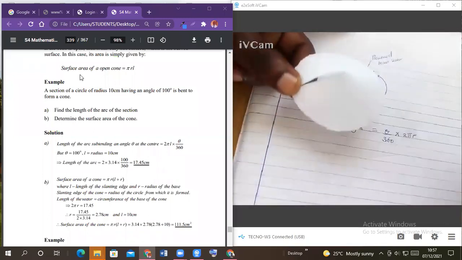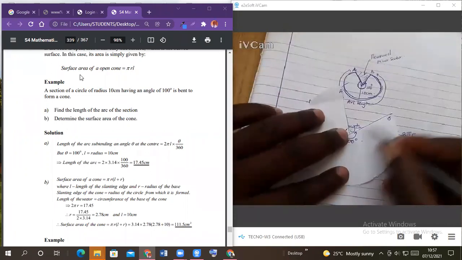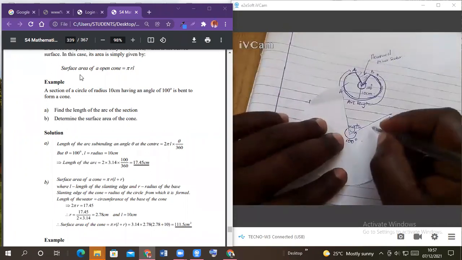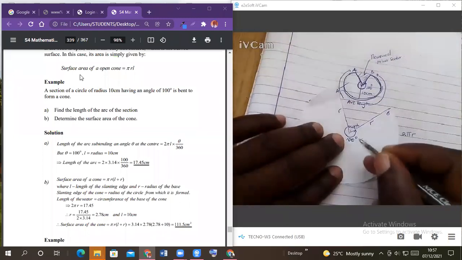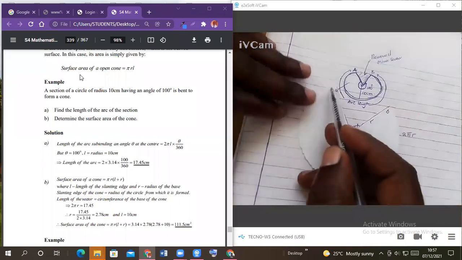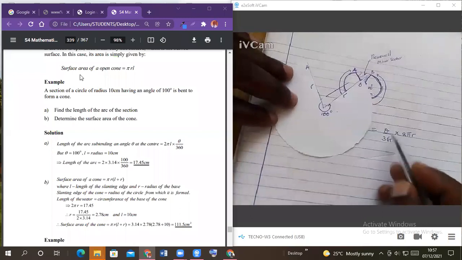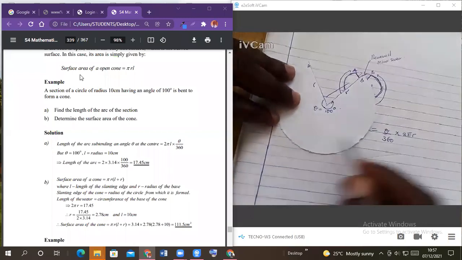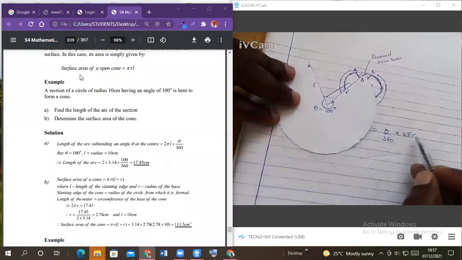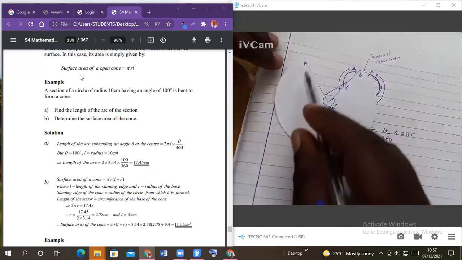Now, this cone that I've formed, you should know that this distance here was the radius. That is the radius of the whole circle. And if I want to get the arc length this side, I have to use this formula: theta, which is 100, out of 360 times 2 pi r. 2 pi r is the circumference of the whole circle.